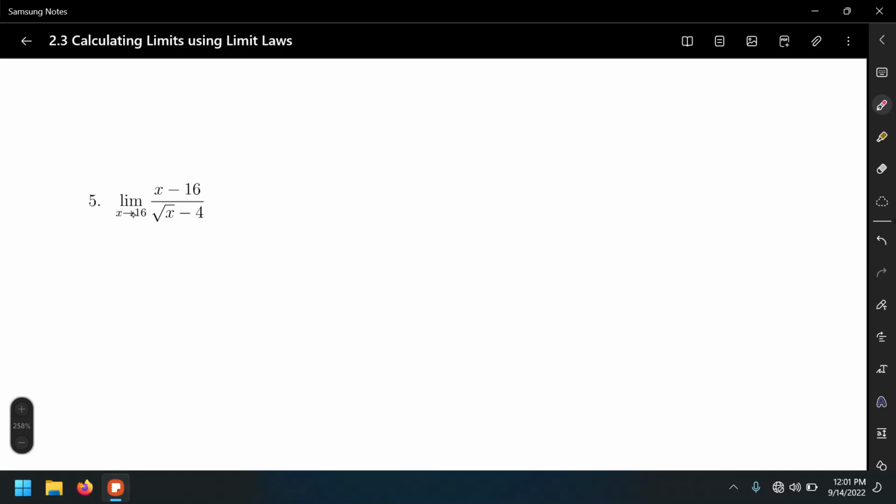So let's do direct substitution and see how it works. That's going to be 16 minus 16 divided by the square root of 16 minus 4, which is 0 over 4 minus 4, since the square root of 16 is 4. So we have the 0 over 0 indeterminate form, which means this is good. We may go about the algebra.